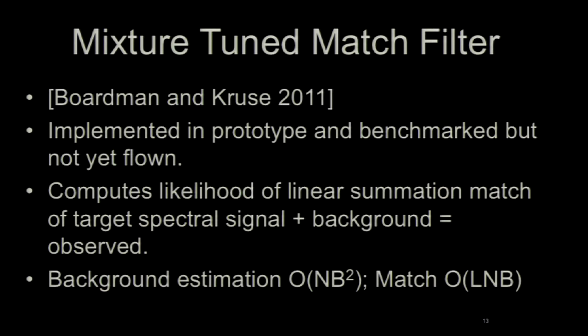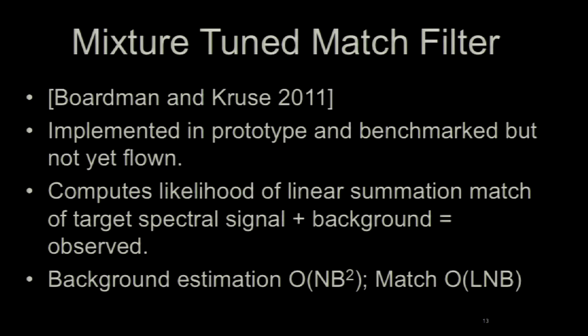We actually want to fly this on board because this technique is very computationally efficient. Here, n is the number of pixels, b is the number of bands, and L is the number of elements in your library. To do what's called background rejection, where you reject what you see in all of your scenes, is actually only order n squared. That's quite challenging to do on board in near real time, as we'll see.